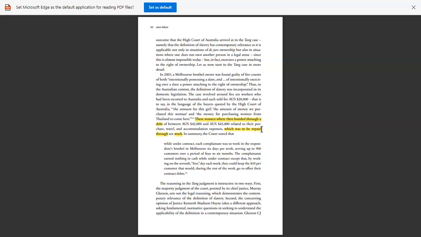In the international court in the Tang case, the party that's creating the debt, the party that's using force to capture and deliver the party like a possession into court, and then demanding that they work and pay it off, is exactly the situation that was going on in this trafficking case.